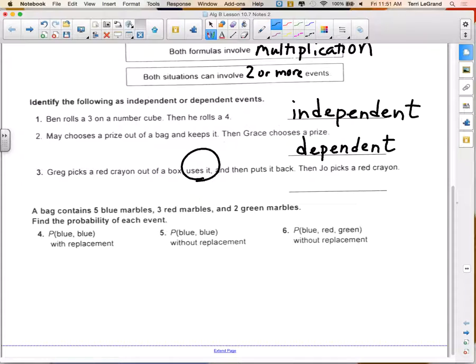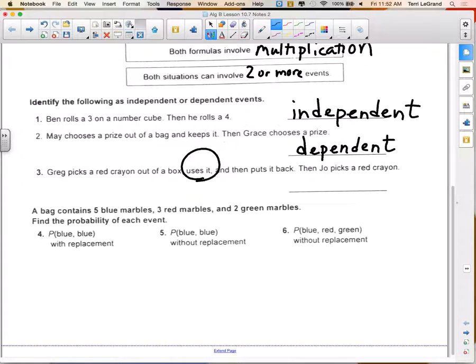Now, does it say that Joe wants to pick a brand new, never used crayon? No. Does it say we started with a brand new box of crayons? No, all it says is, Ray picked a red crayon out of the box, used it, put it back. Joe picks it, wants to pick a red crayon. You know what, this is no different than a yellow marble in a bag.